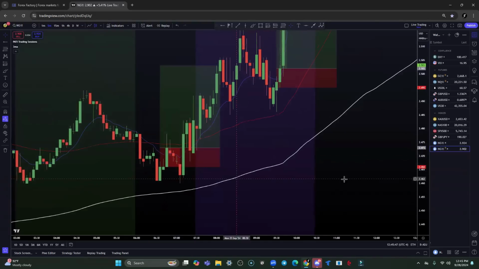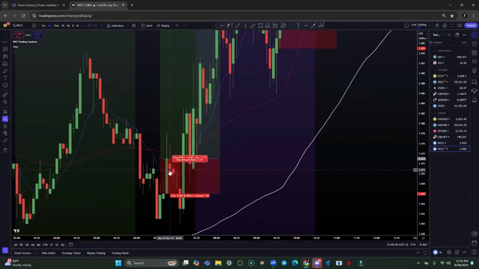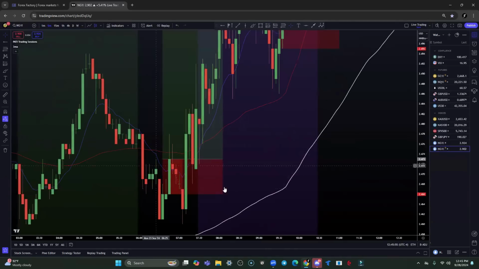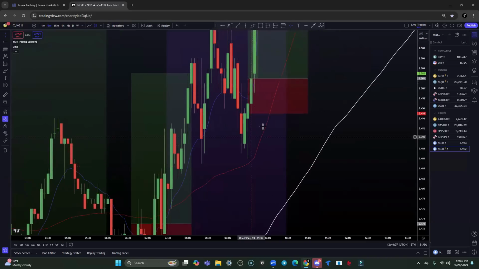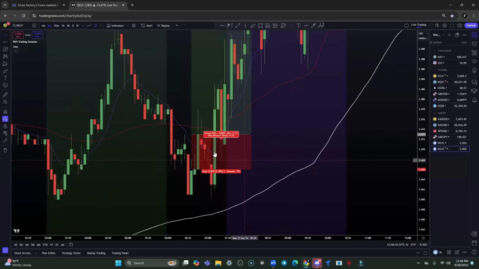So we had a crazy body that closed above the 13 MA, but the 50 SMA is not in the right spot. That's super important. It broke above the 13 MA, but it didn't break above the 50 SMA. So the 50 SMA could play a huge role in how strong this breakout is going to be. Look at this break, look at where the 50 SMA is here versus this one where we're running into the 50 SMA. I feel like this is a key component because this part did not work out.